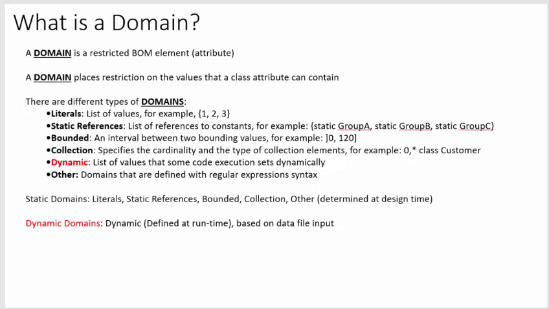Here we see all the different domain types for ODM. There are several of them, from literals to static references, bounded domains, collection domains, a dynamic domain, which we're going to be talking about in a separate tech talk, and then just clearly others. When we talk about static domains, we include all those things here that are not red. So for the most part, all of these are static with the exception of the dynamic domain.